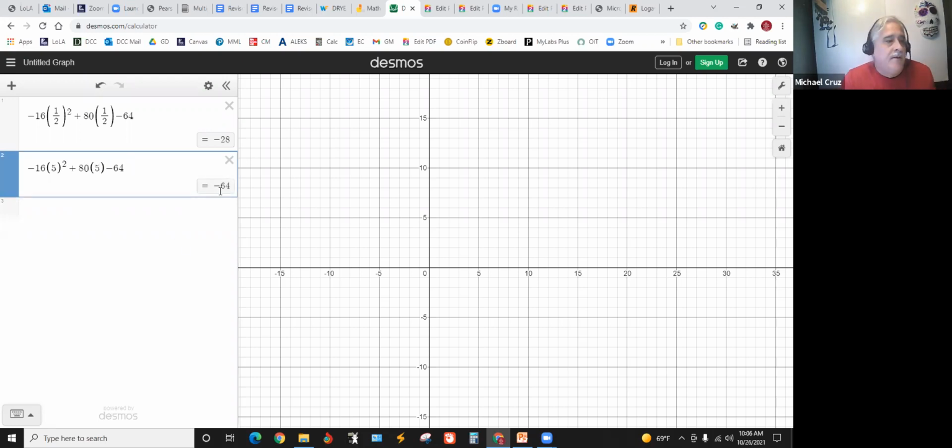So this comes out to negative 64. So again, it's negative, so does not produce any positive value. So it's not above the line.